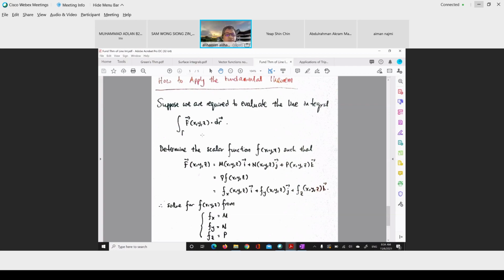P partial y equals N partial z, M partial z equals P partial x, and N partial x equals M partial y.